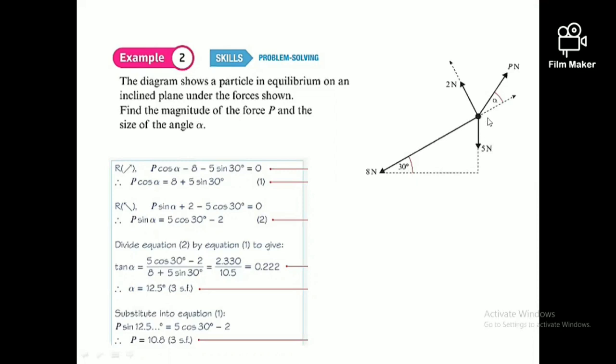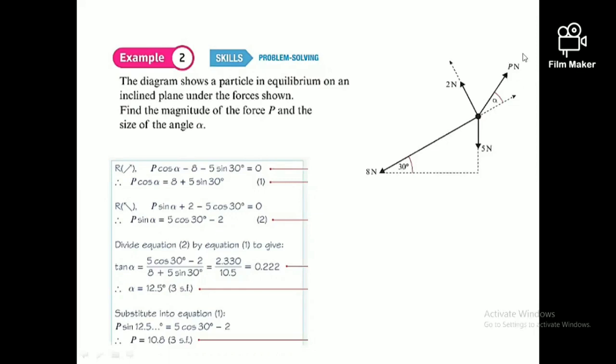Therefore, this component is 5 cos 30 downwards, and along this way it is 5 sine 30, right? Always, this component is cos and this component is sine, if this angle is 30.